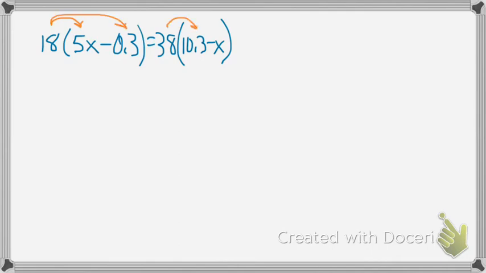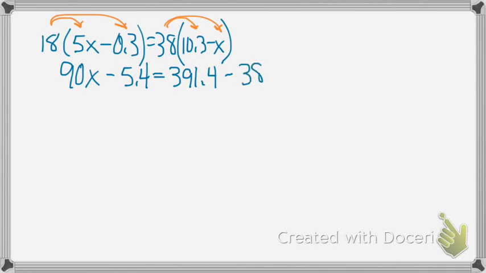So 38 into here, and we would get 90x, 18 times 5, minus 5.4 is equal to 38 times 10.3 is 391.4, and then 38 times x, so minus 38x. All right, so that is our first step.